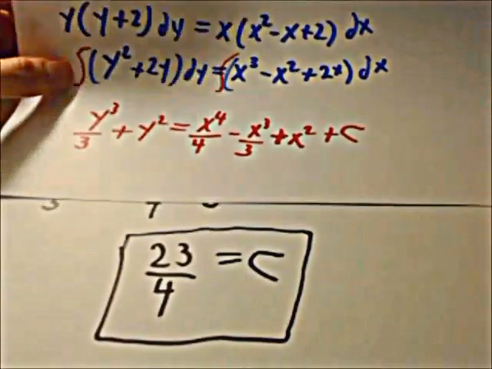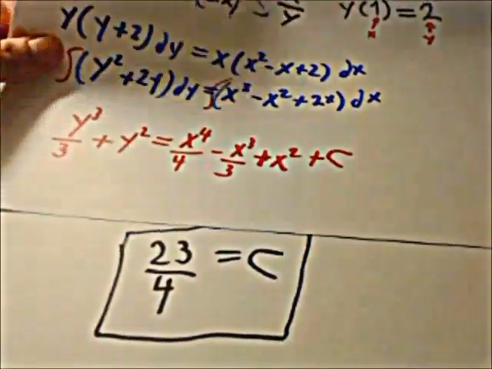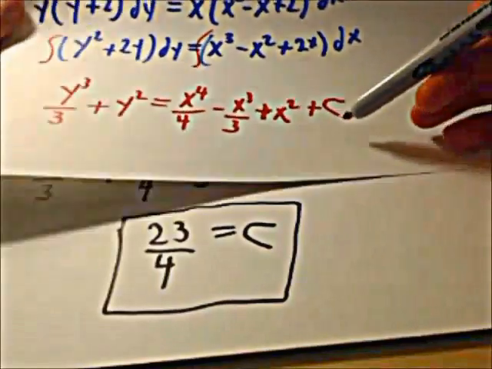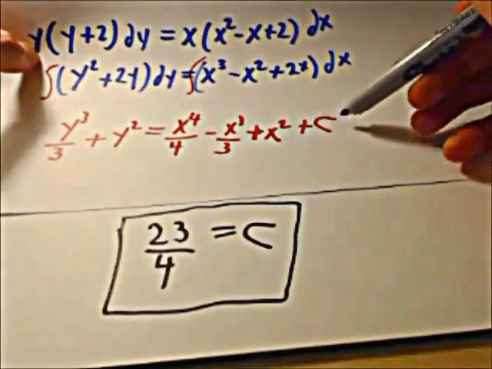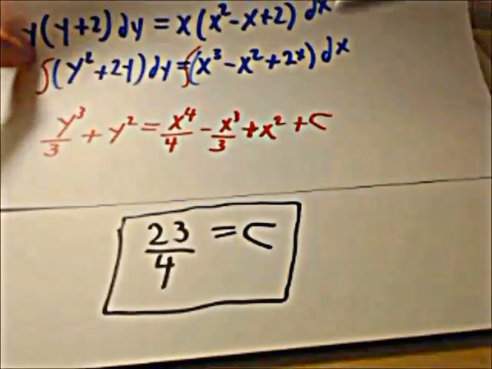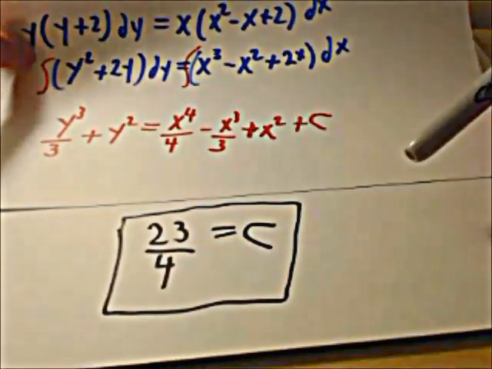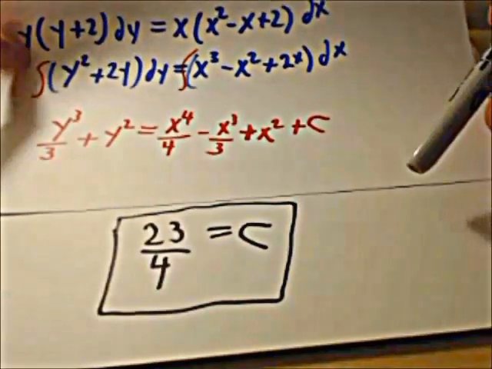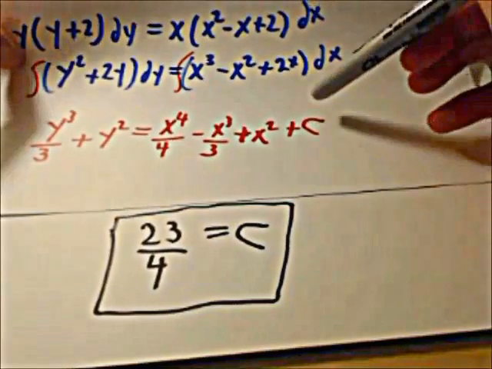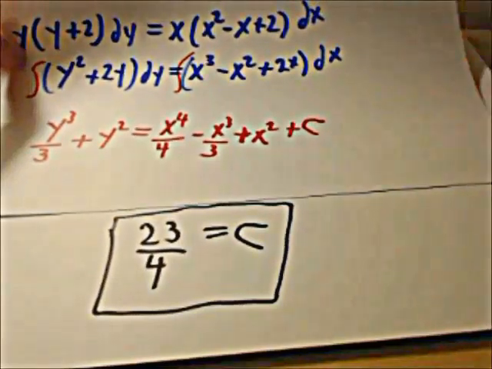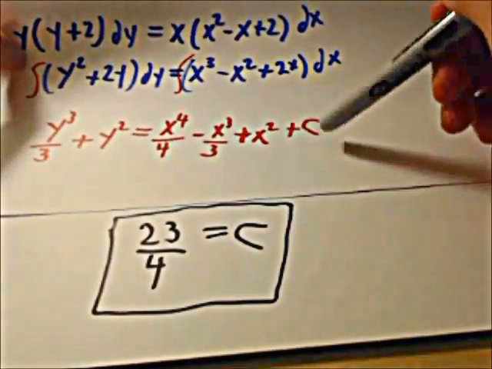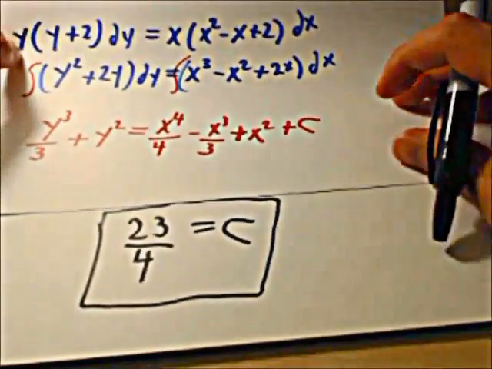But to write it in a neat way, what we can do is rewrite this down, but instead of c, we just put 23 over 4, just to make it in a proper form. But it's up to you. So we're going to substitute c with 23 over 4, and rewrite this whole thing with the substitution of the c value, and that's your solution.